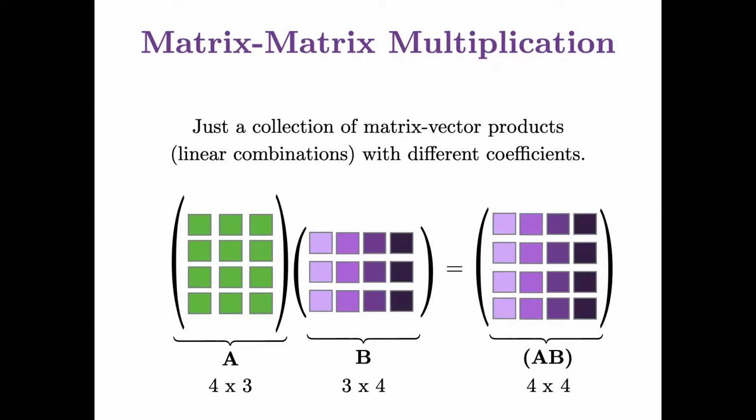So when we first learn matrix multiplication, it's very common to write out the dimensions of A and B here, confirm that their inner dimensions agree, meaning the number of columns in A and the number of rows in B. And then the resulting matrix will have the dimensions of the rows of A and the columns of B, those outer dimensions.